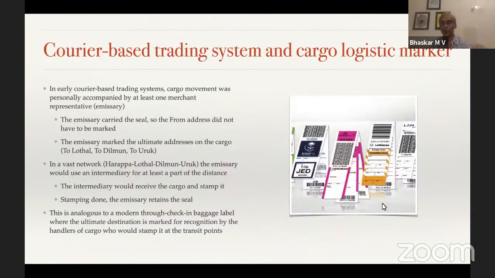Somebody who works in the port trust or in railways, who is familiar with cargo and container movement, will be able to see many more layers and understand it much better than you and I can. But I think a simple post office logic also suffices. If you look at the to address on a post office, all of them will have the same PO box number or the same PIN code.